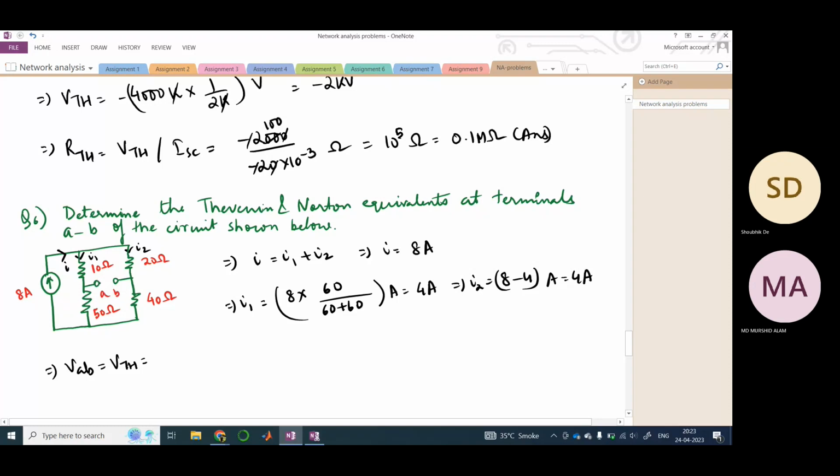So here across, so this is terminal AB, right? So first, let us ground this, okay? So what would be VA? You tell me. Forget about VAB. What would be VA? Can you tell me?